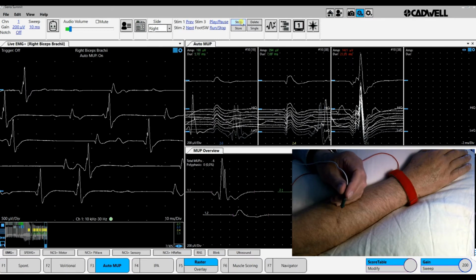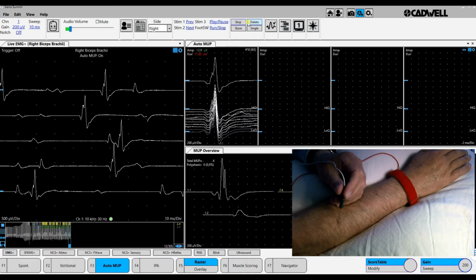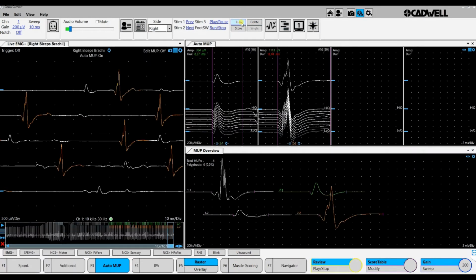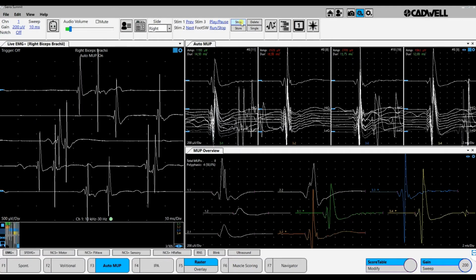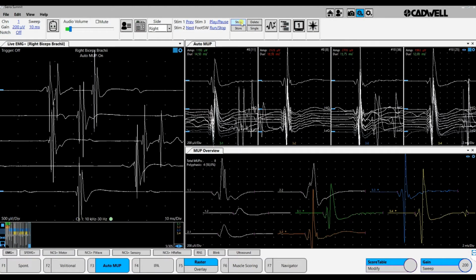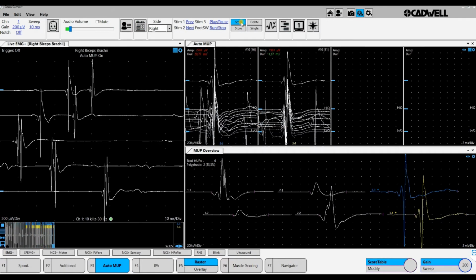Here are other motor units, and when we have enough, we accept that, and then I move the needle slightly and we get a new motor unit. We start the analysis. Here's a new position, and we accept this.